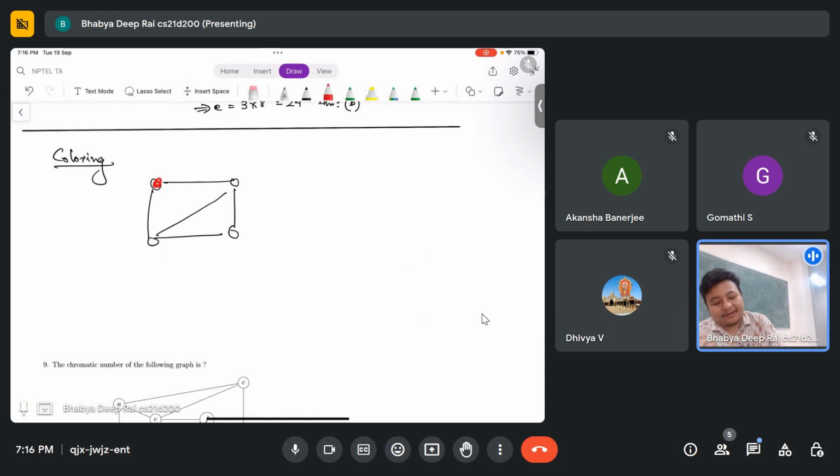I can put a red here, I can put a red here, let's say. I can put a green and a green here. Now this is a coloring of a graph, but this is what is called an improper coloring, or not a proper coloring. Okay, what is a proper coloring?